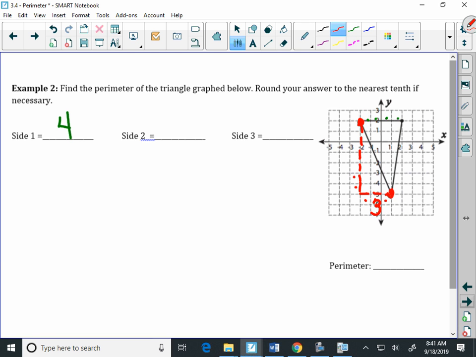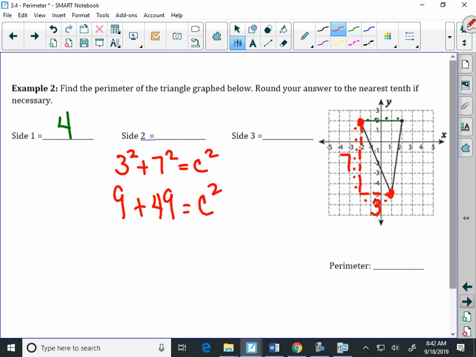And this length is 1, 2, 3, 4, 5, 6, 7. So again, we're going to use the Pythagorean theorem. It's going to be 3 squared plus 7 squared equals c squared. Again, Desmos calculator, but 3 squared is 9, and 7 squared is 49.